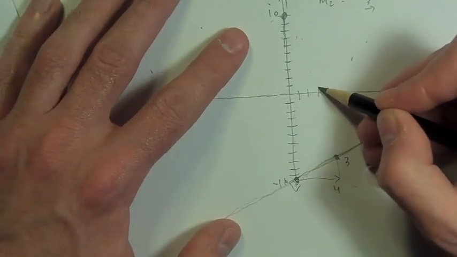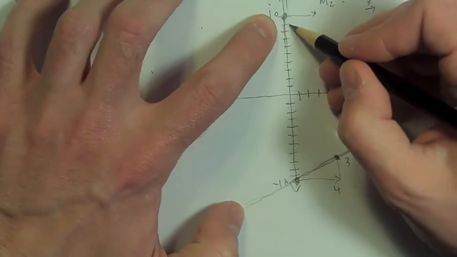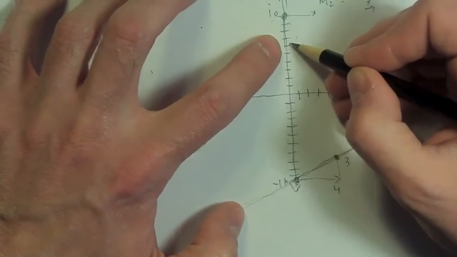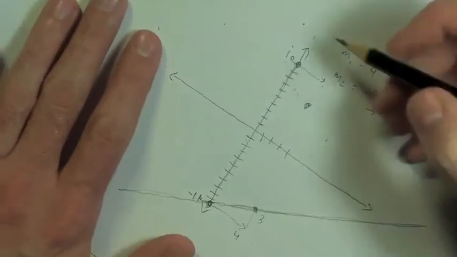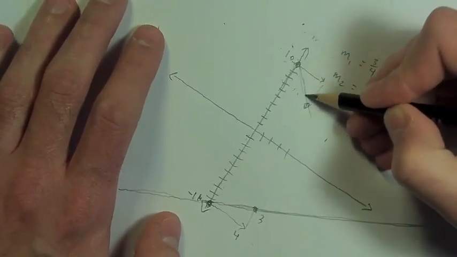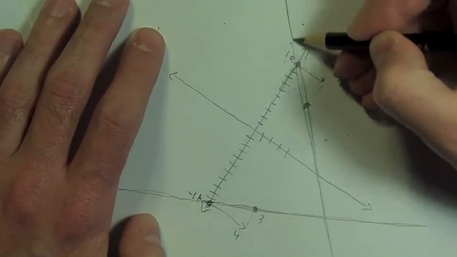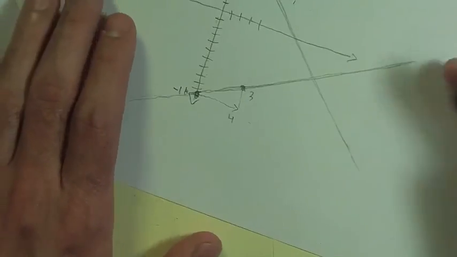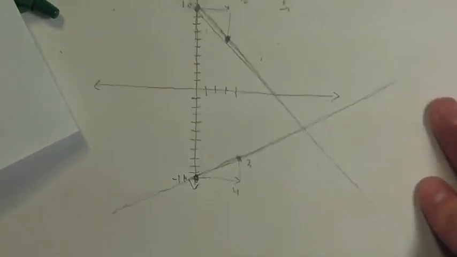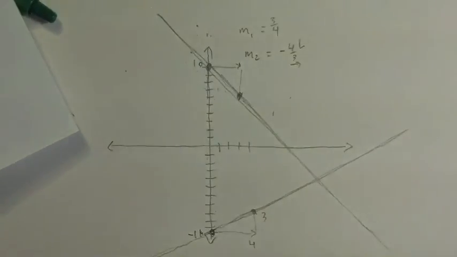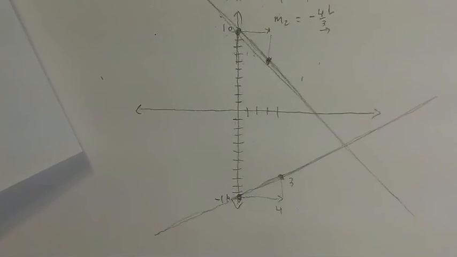So out 3, about right here, and down 4. 1, 2, 3, 4. And so I did not graph this perfectly. As we can see, it didn't come out perfect. But if you're on a nice grid, it will come out to be, you know, perpendicular.